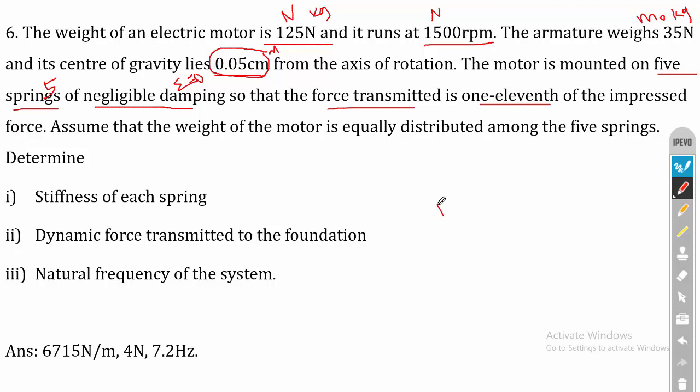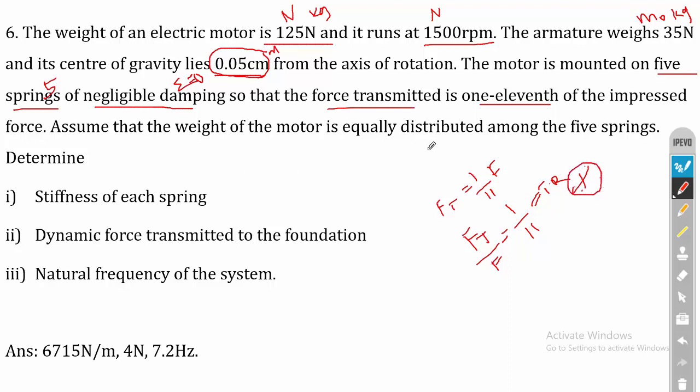The meaning is Ft is equal to 1/11 F. So further Ft by F is equal to 1/11. That is, the transmissibility ratio Tr is equal to 1/11. So this is very important. Okay, so transmissibility ratio is given, Tr is equal to 1/11.